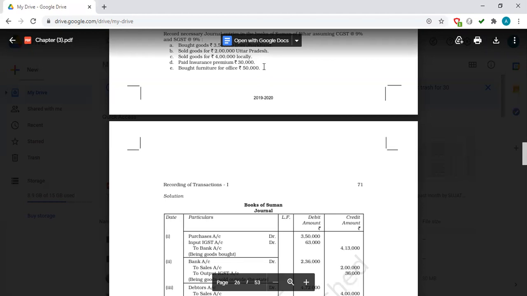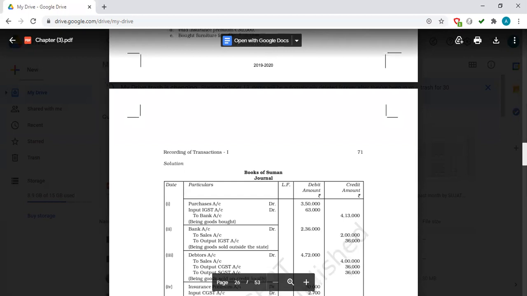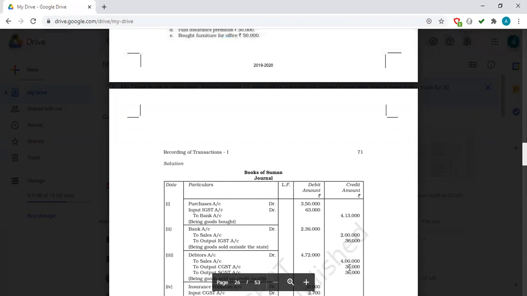What is output CGST? 9% of 4 lakh is 36,000. To output SGST 36,000. Can you see over here? Do the total: 4 lakhs plus 36,000 plus 36,000. What do we say for this? Debtors account. We had left the amount.